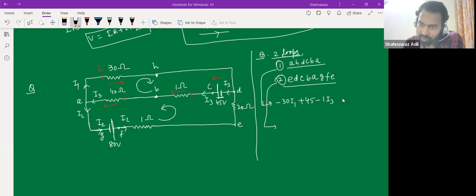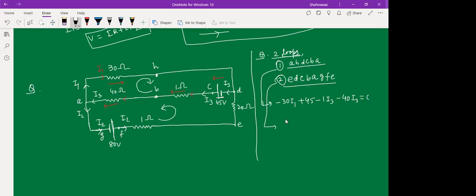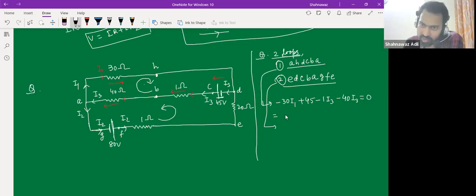So minus 40 I3. And the total would be how much? Now we don't have any voltage. The total is 0. So the first equation that we have is 30 I1 plus 45 minus 41 I3 equals 0.